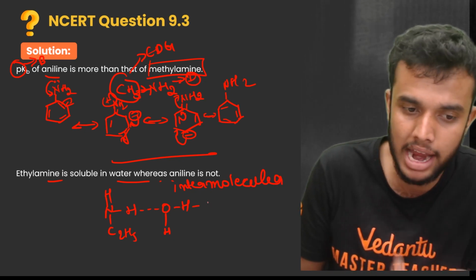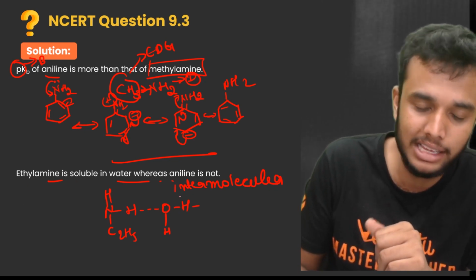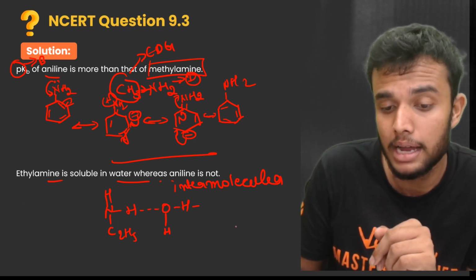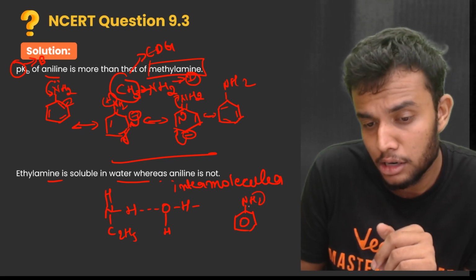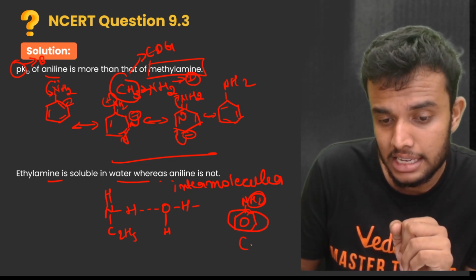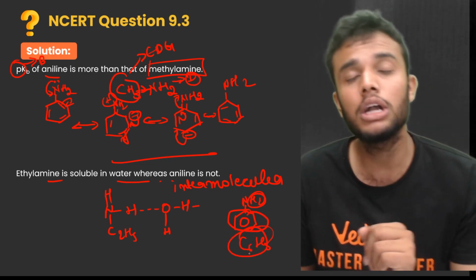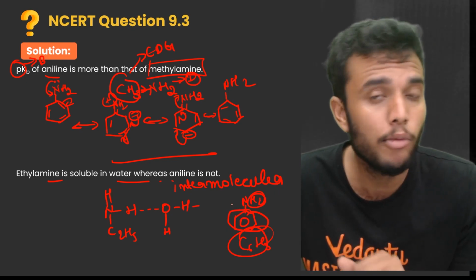That's why ethylamine is soluble in water compared to aniline. In aniline, two hydrogens are also there, but due to the phenyl group, the C6H5 group, it is not soluble in water.